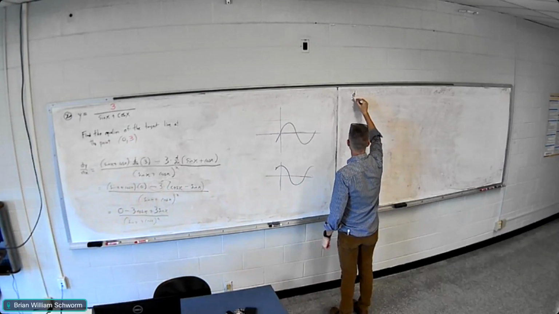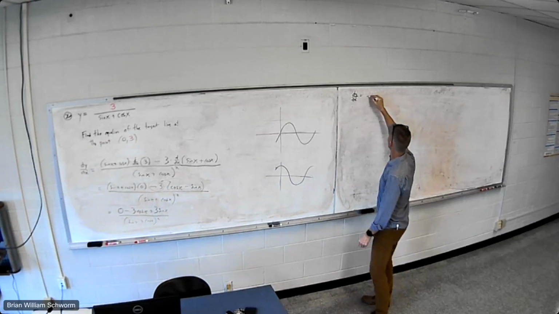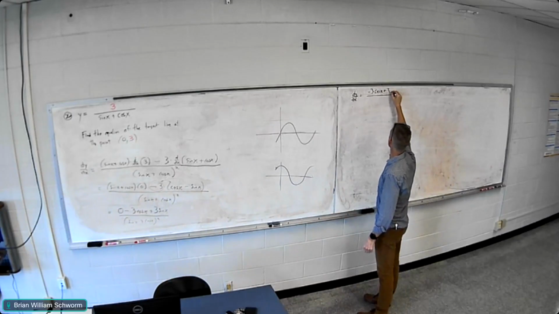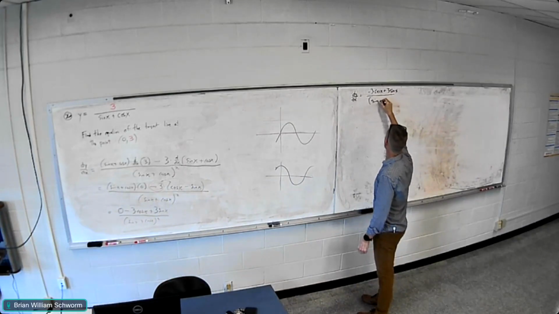Here, the derivative is, I don't need that 0 at the beginning. 0 minus 3 is negative 3 cosine of x plus 3 sine of x over sine of x plus cosine of x, all squared.